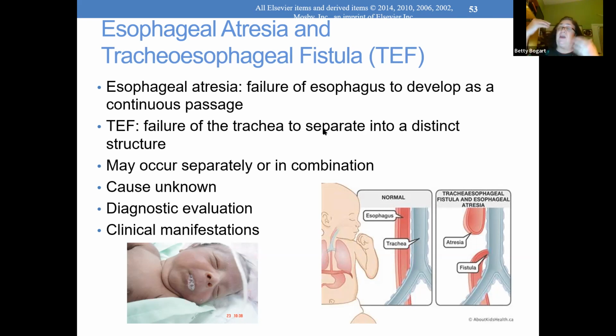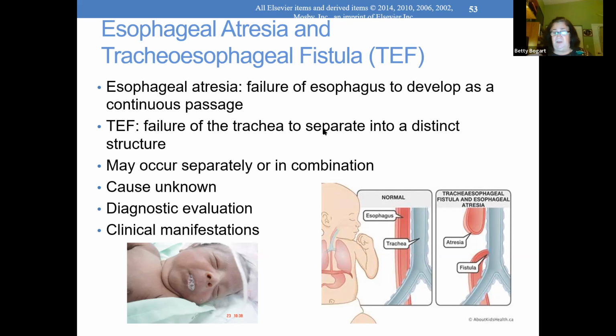If they swallow it, it goes down into their lungs. So you hear coughing and spitting, and you'll see them become cyanotic, and that usually will clue you in. Also, if you try to put in an NG tube or OG tube, it won't go down. It won't pass into the stomach because it doesn't go that far at all.